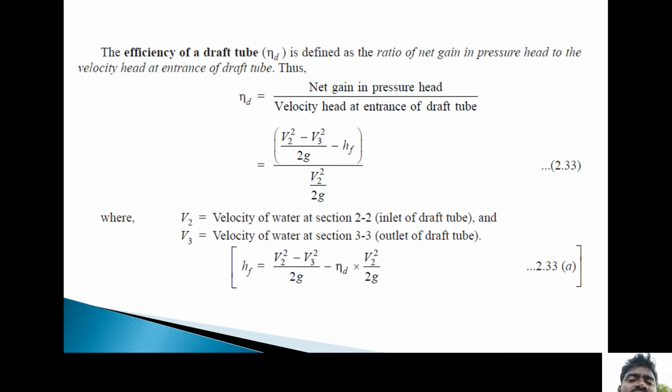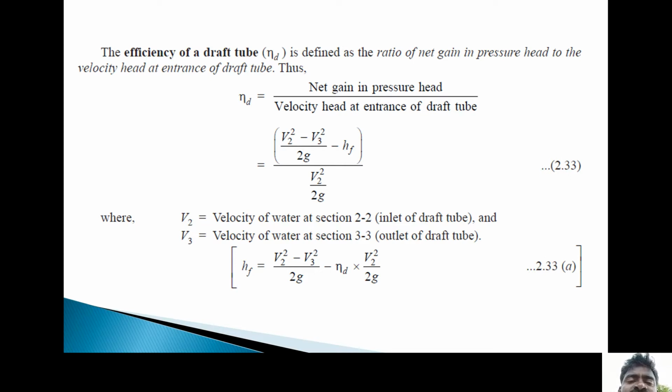Net gain in pressure head means (V2 square minus V3 square) by 2g minus HF, divided by V2 square by 2g, the velocity head at the entrance of the draft tube. V2 equals velocity of water at section 2, inlet of the draft tube. V3 equals velocity of the water at section 3, outlet of the draft tube.